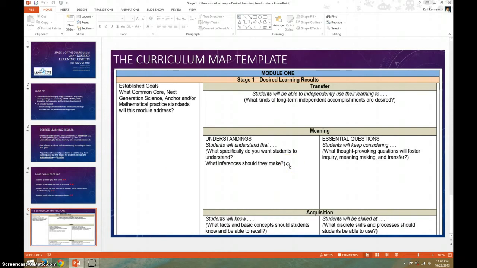And if you have any questions or want to open discussions specific to your own subgroup, the Algebra 1, Geometry, Algebra 2, and Transitional Math groups or curriculum maps, bring it to the meeting and we'll do a quick discussion of them. Now you only need to attend one of the meetings, and I do understand it's closeout week, so I thank you in advance for taking the time to start with the stage 1 of the desired learning results.